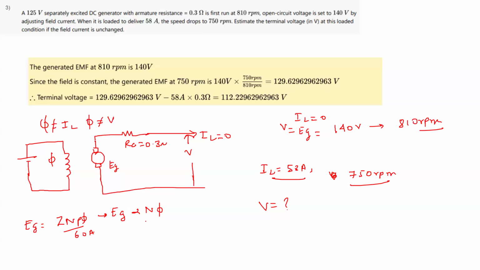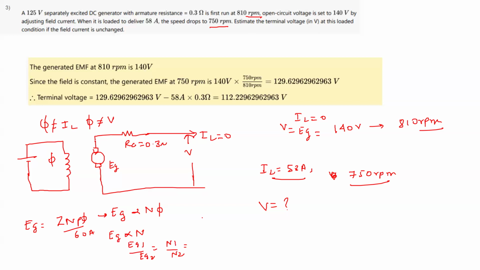So phi in the two cases, when the speed is 750 RPM and when it is 810 RPM, remains the same. So EG is proportional to N. So EG1 by EG2 is equal to N1 by N2.